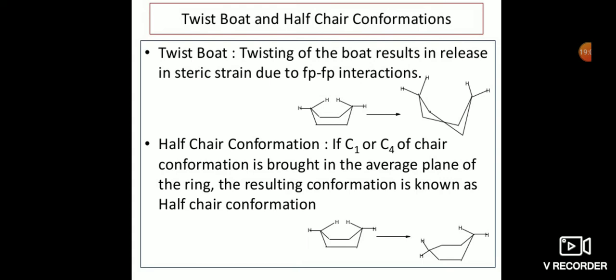In half chair conformation, if C1 or C4 of the chair conformation is brought into the average plane of the ring, the resulting conformation is known as half chair conformation. You can see here the twisted boat conformation and half chair conformation, and you can see carbon number 1 and carbon number 4.